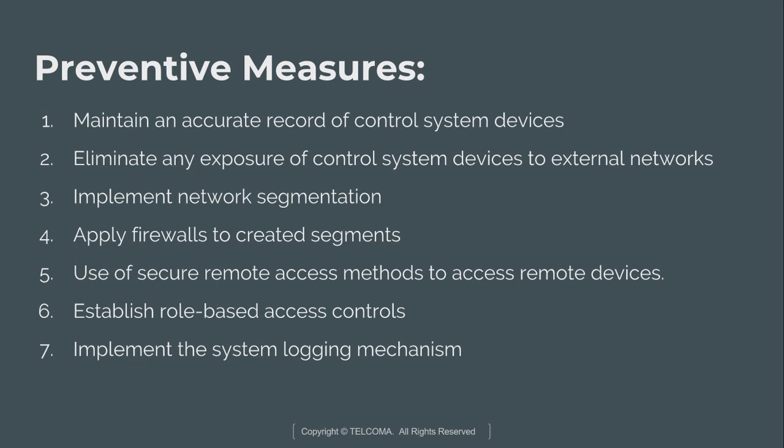Next is to implement network segmentation. Network segmentation means classifying and categorizing IT assets, data and personnel into specific groups. By placing resources into different areas of a network, a single exploited device cannot translate exploitation to the entire system.